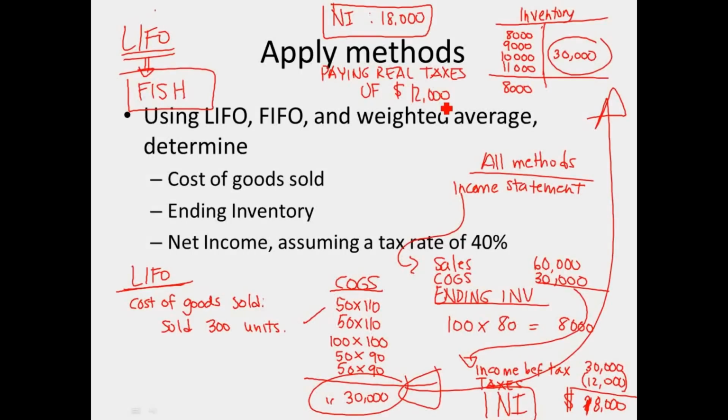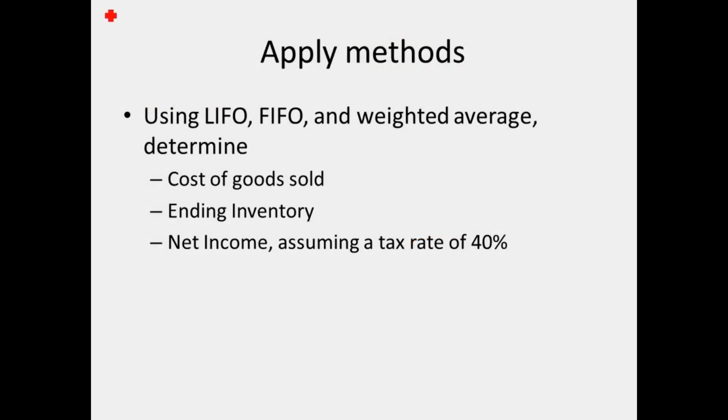Okay, so let's try and do this. Hold in your head that under LIFO, we had net income of 18 and real tax cash flows of minus 12. That's what we actually had to pay. All right, so now let's try and do this under FIFO. First in is the first out.